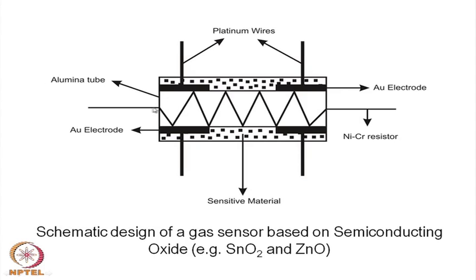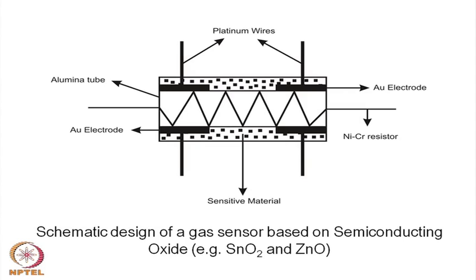There has to be a current source to heat this, and then at that temperature, in the presence of gaseous species, the conductivity or the resistivity will change, and you have to monitor that. So, this is a very simple design by which a gas sensor can be made. In fact, they have been made in huge numbers, and have already been commercialized.